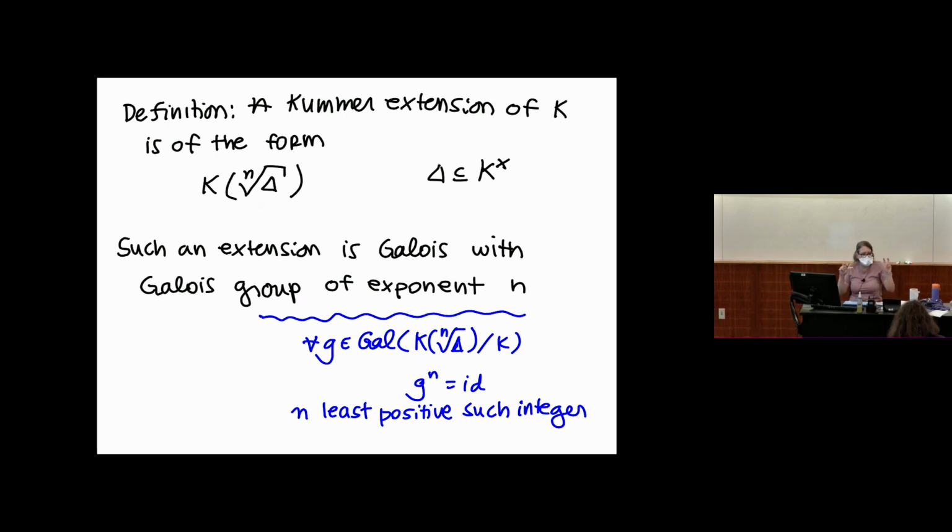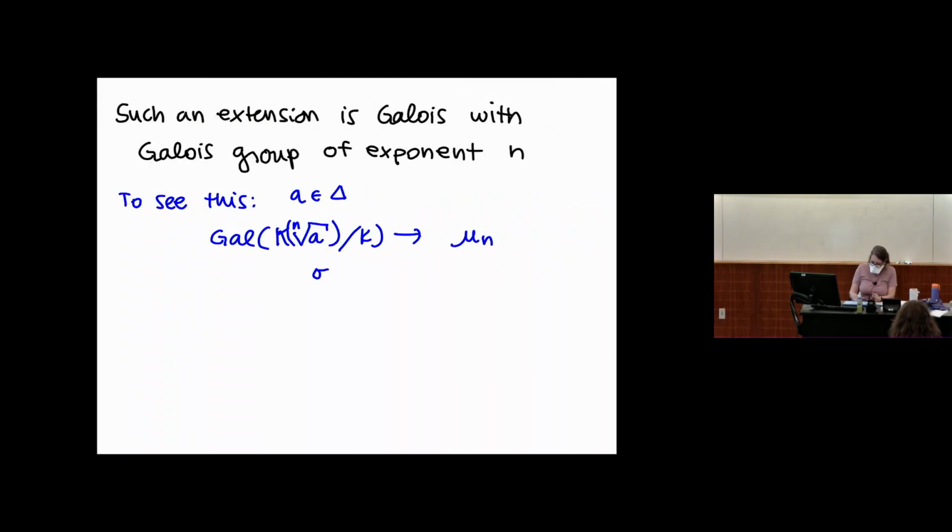They're not infinite in any bad way. So every little element in this big Galois group, I can restrict to just taking one nth root of one element in delta, and I can send sigma to sigma of the nth root of A divided by the nth root of A. And that's an nth root of unity.